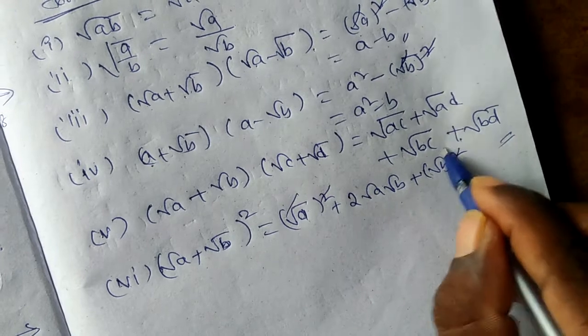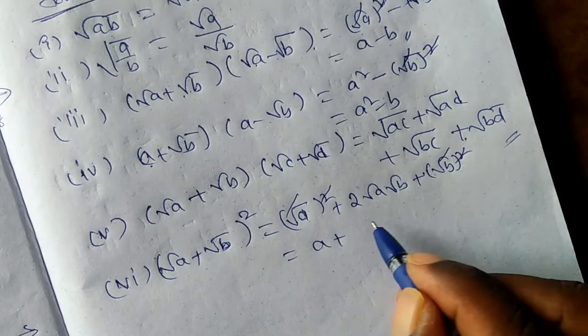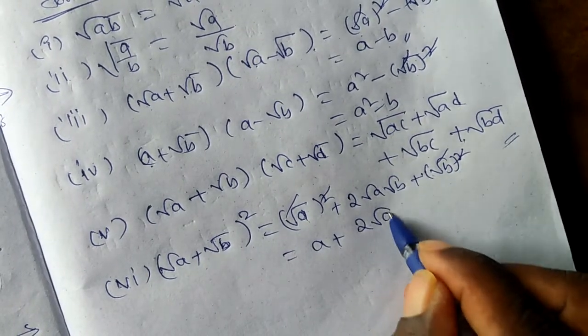The square root cancels. So a plus b plus 2 root ab.